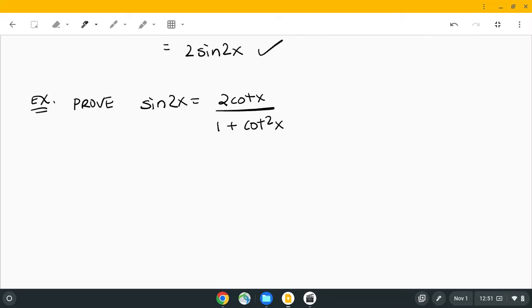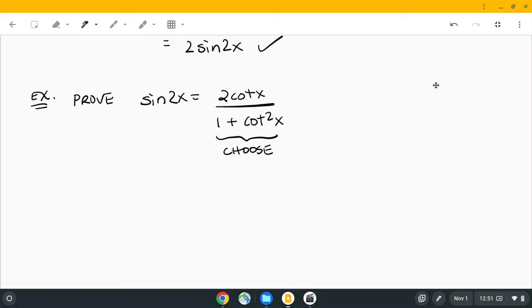Okay, so it looks like we would start with this side. This looks like a good place to start. Okay. All right, let's see what we get. 2 cotangent x all over 1 plus cotangent squared x.